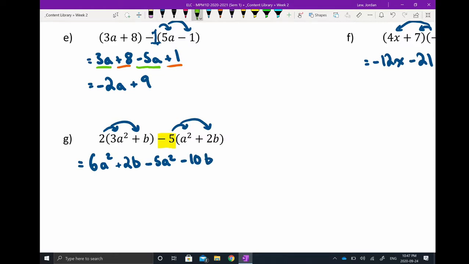I can now collect my like terms, so I have the a squared terms and the b terms. Again, remember to take the sign in front, so these negatives here, it's a negative 5a squared and negative 10b.